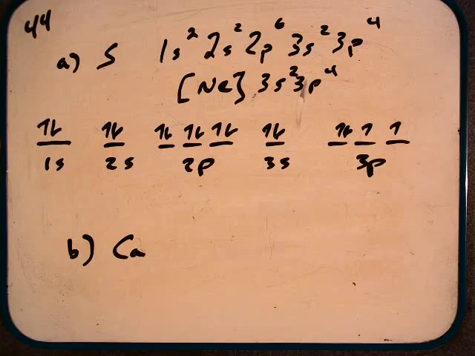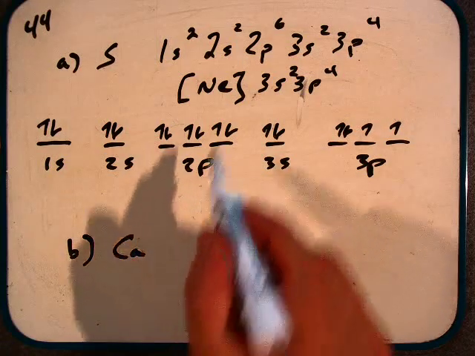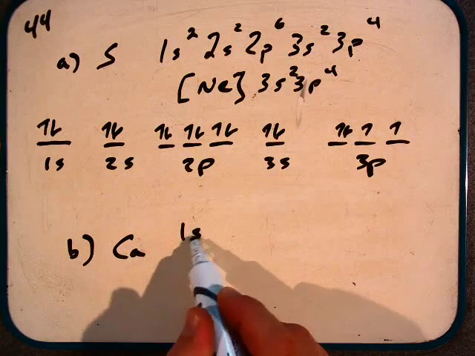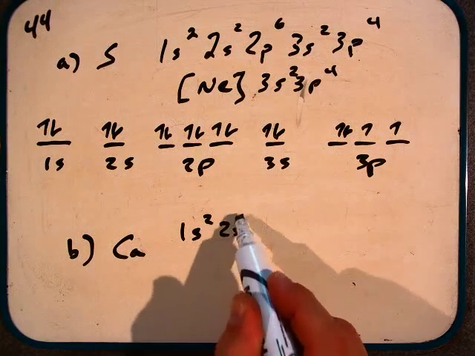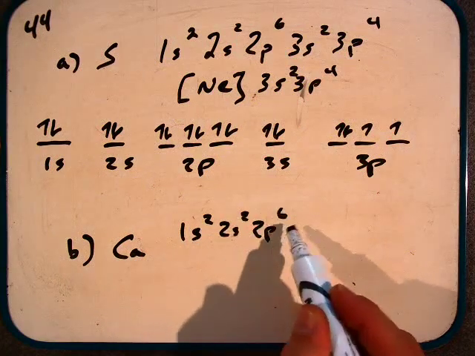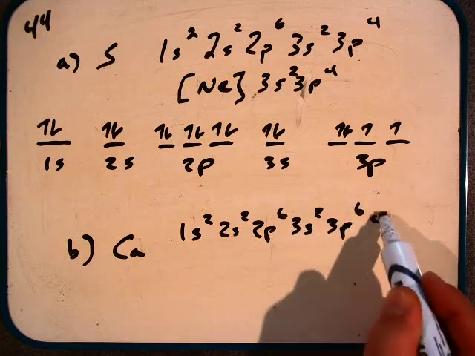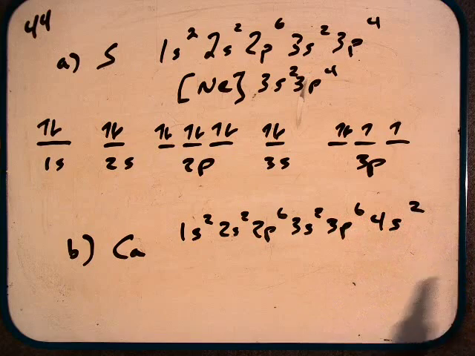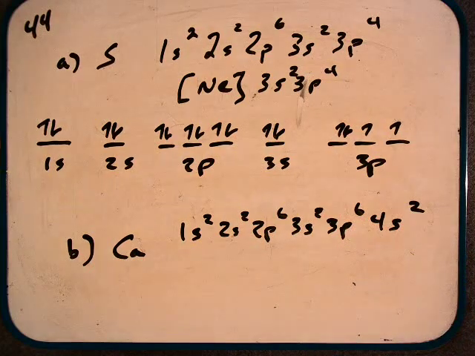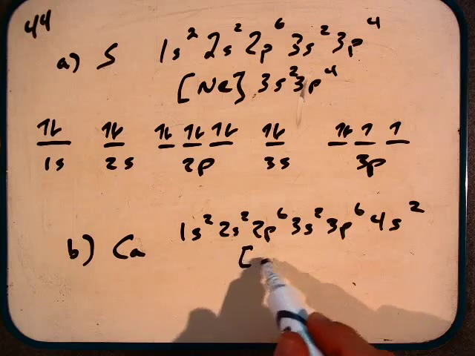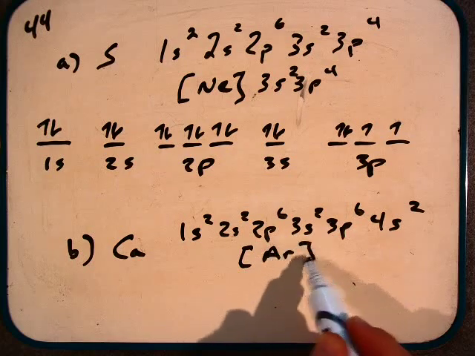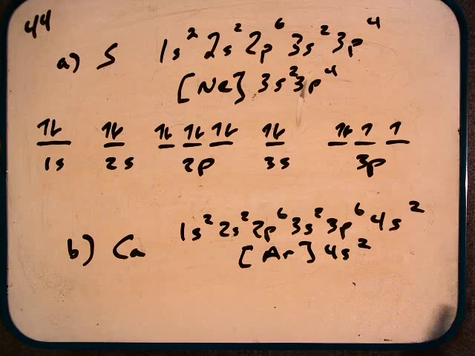For calcium, we have something very similar. We could again represent it by just showing the orbitals and how many electrons are actually there. And so that would be our electron configuration for calcium. We could also use the noble gas method for representing that as well.